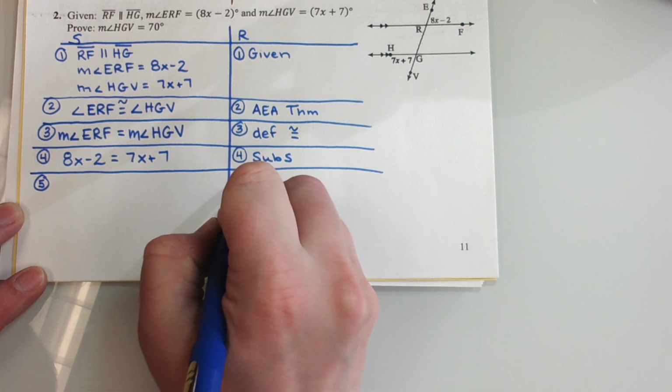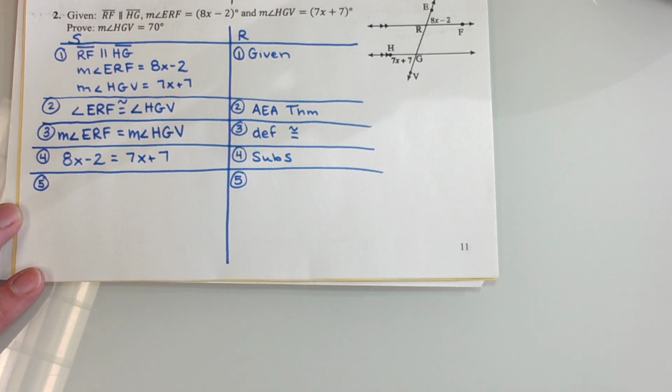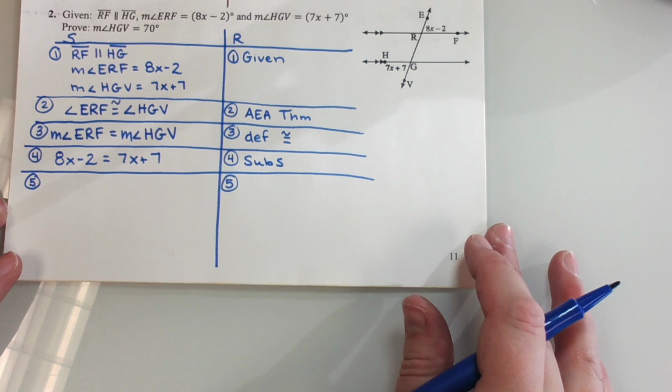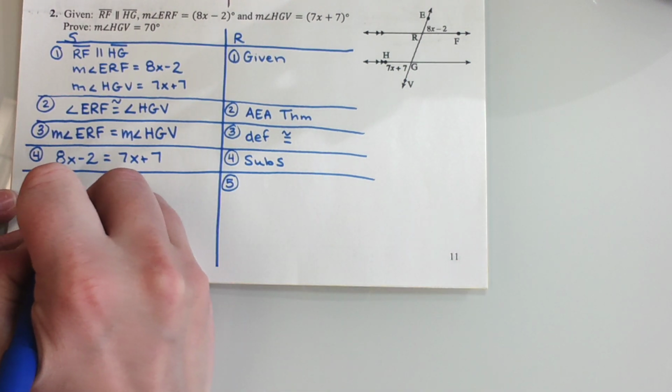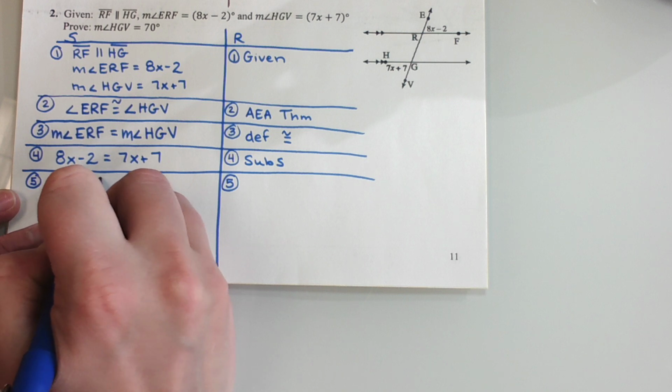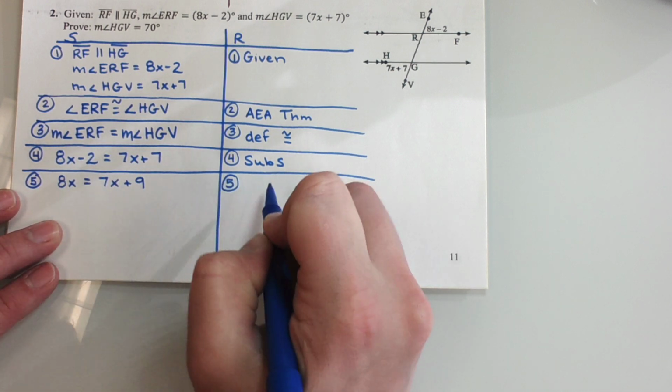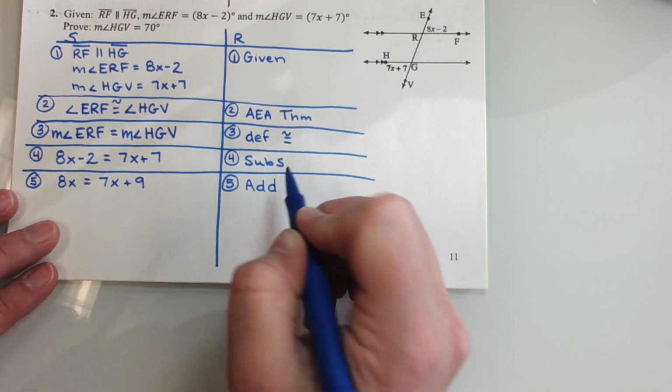Jada. What would you like me to do now? Add 2 to both sides. I end up with 8x equals 7x plus 9. It was adding that we did.